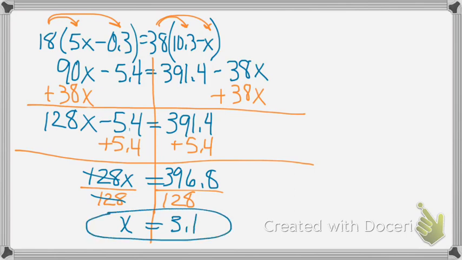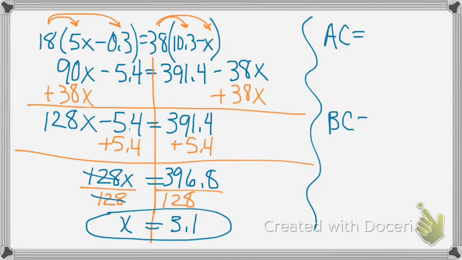All right, so x is equal to 3.1, but that's not a complete solution yet because you were asked to find those side lengths. So we want to find out what AC is. AC is equal to something, and BC is equal to something. So my expression for AC is, these are those expressions.